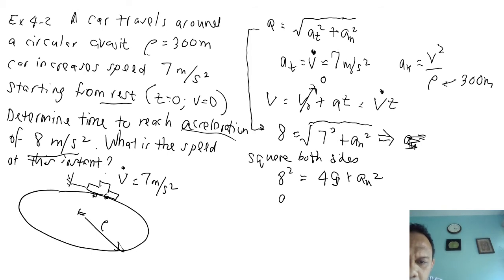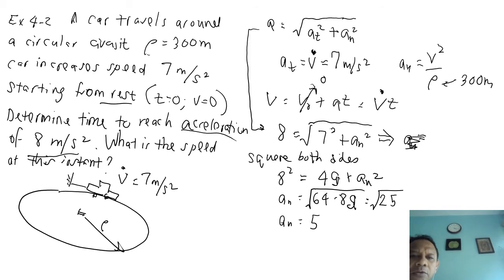So we have an square equals 64 minus 49. 64 minus 49 is 25?